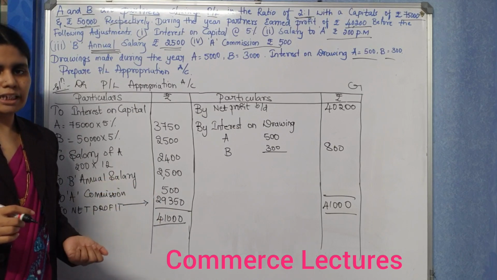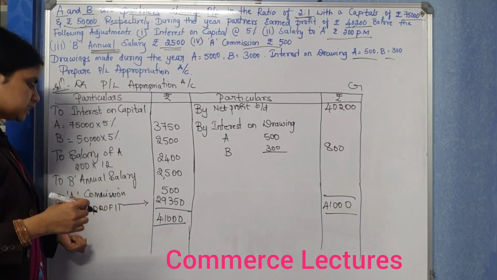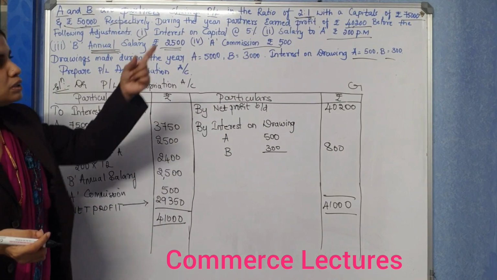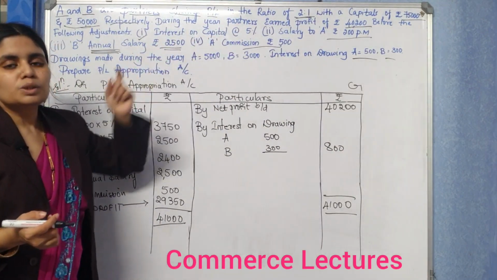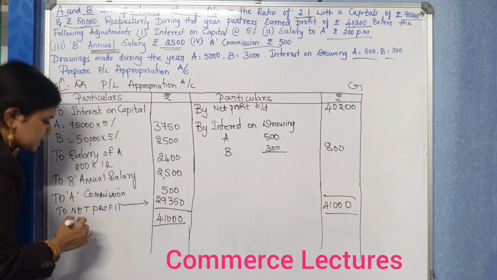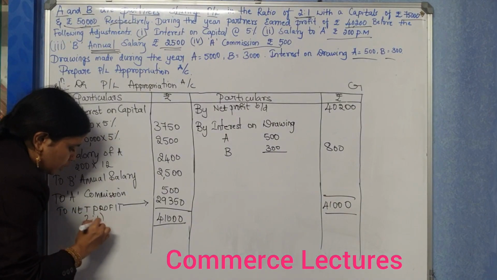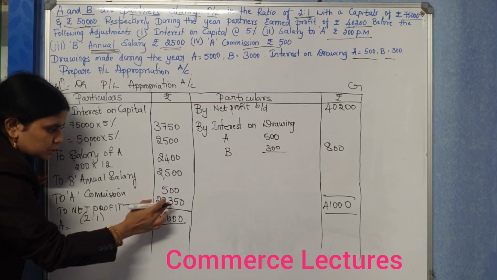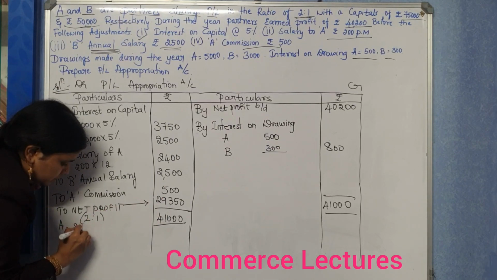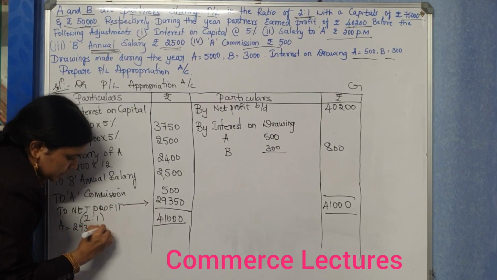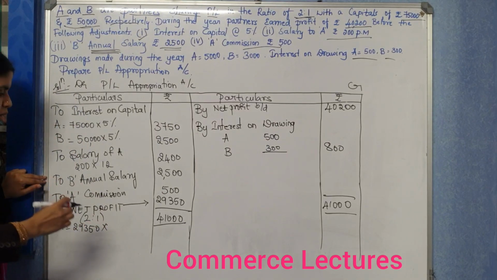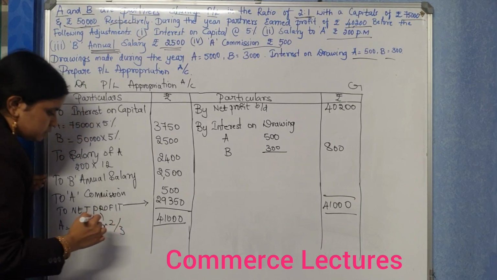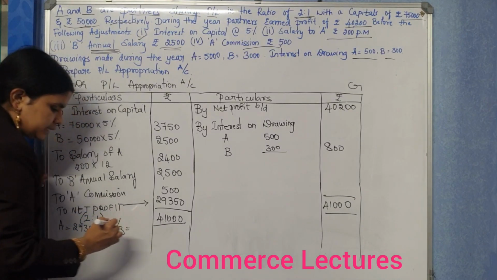After getting the net profit, that needs to be distributed among the partners in their ratio. Ratio is given in the problem. See, 2:1. So A is equal to 29,350 into, how will you get the ratio? 2 plus 1, 3. So 2 by 3. Calculate this.